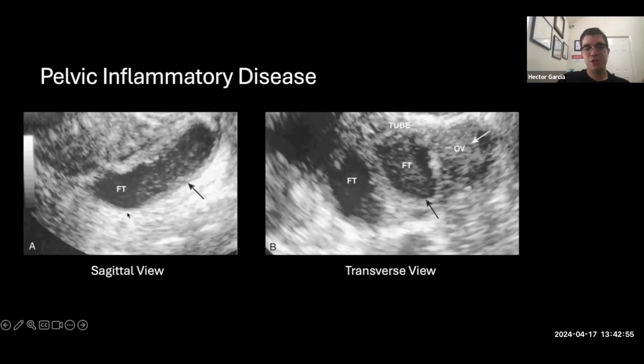Okay. Now this is a pelvic inflammatory disease. This is a fallopian tube here, and then this is a transverse view, and we can see that there is a lot of debris. In the transverse view, the fallopian tube is dilated, tortuous, and has a lot of debris.